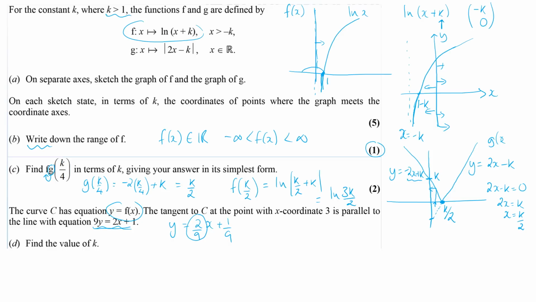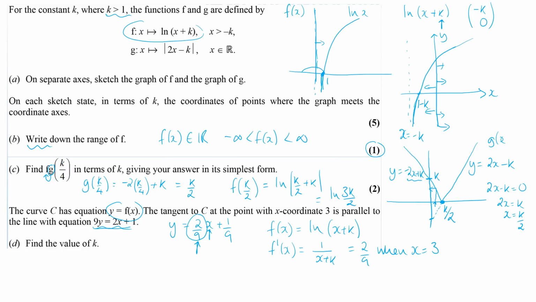Well, C is equal to f of x, and f of x is equal to the ln of x plus k. We need to do the gradient and equate that to the same gradient when x is 3. So we need to differentiate our f of x, which is just going to be 1 over x plus k, and this is equal to 2/9 when x is equal to 3.